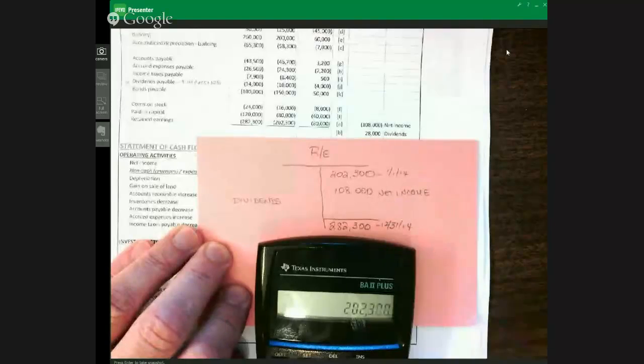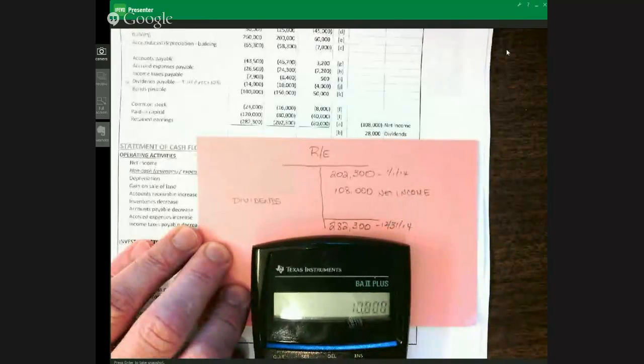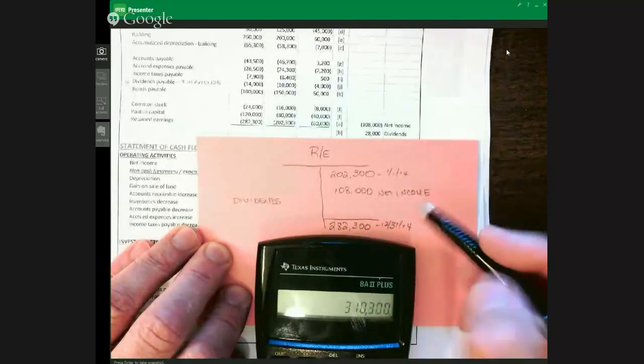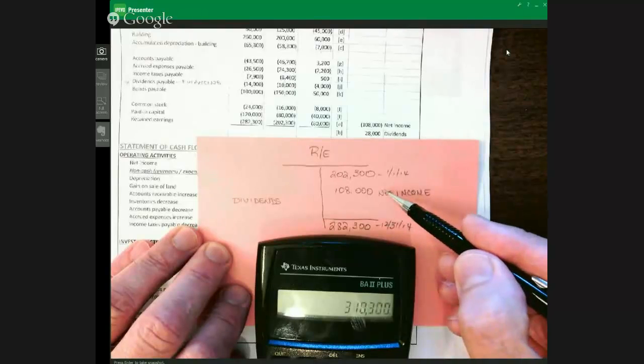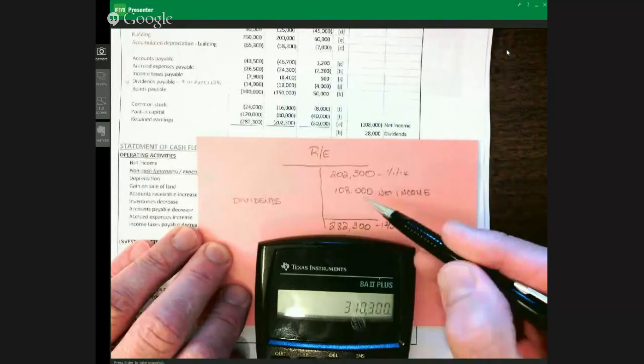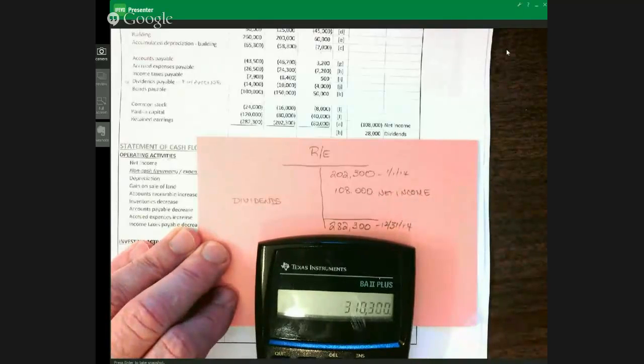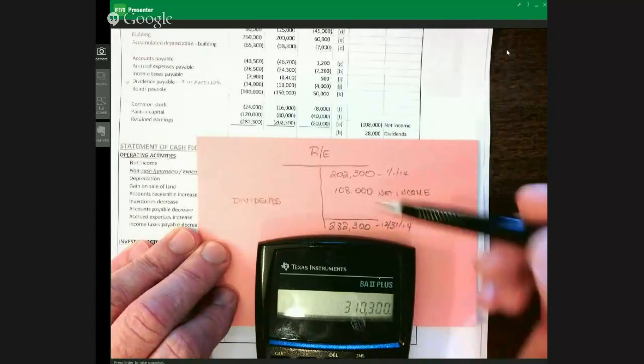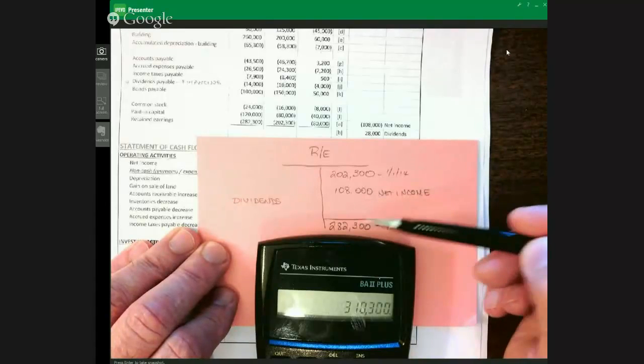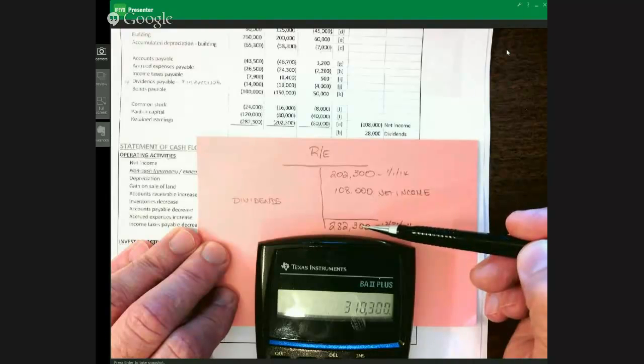And if we add the net income of $108,000, oh boy, that gives us $310,300 as a tentative balance in the retained earnings. Okay, well, our ending balance is $282,300. What could be that difference?